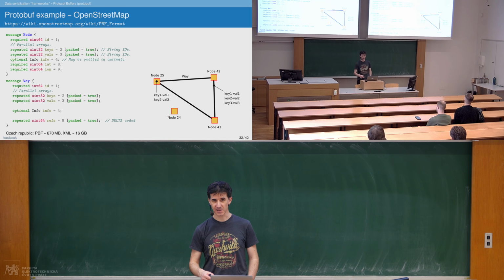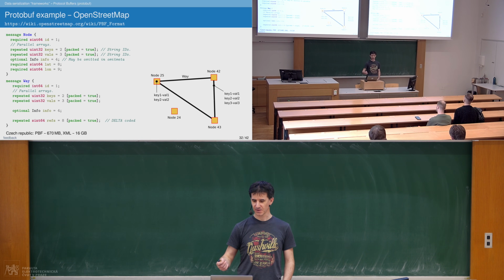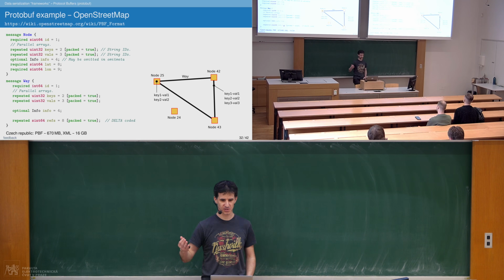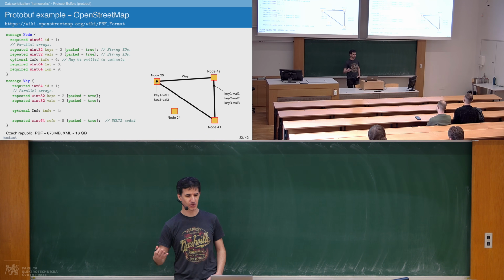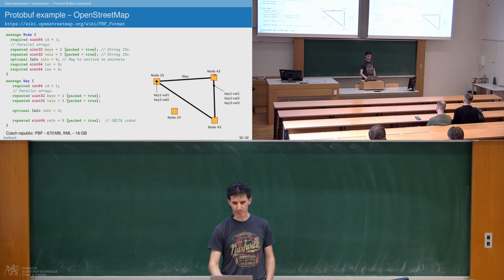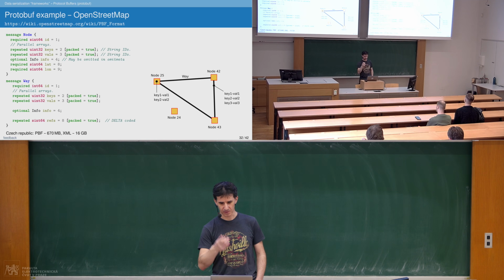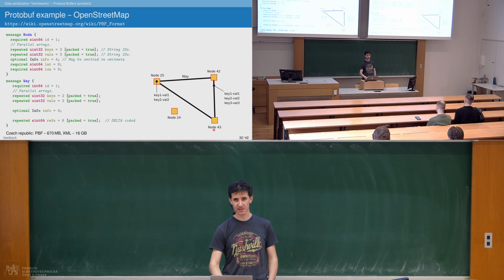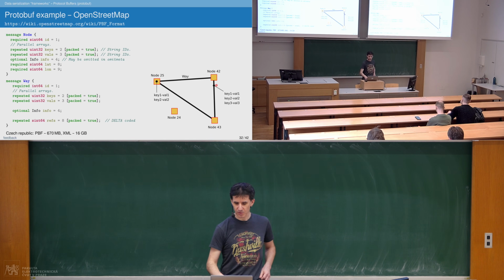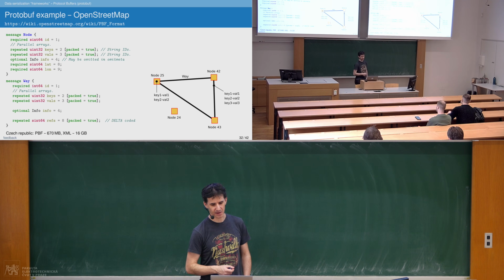If this is the case, then this delta encoding means that this ID here is just one, and because it's just one, it can be efficiently stored as a 1-byte var-int. If you specify absolute numbers, and those numbers would not be like 42, but let's say 4200 and 4300, you would need more bytes to store these numbers. But if you use this delta encoding, it would still be just 1 byte.